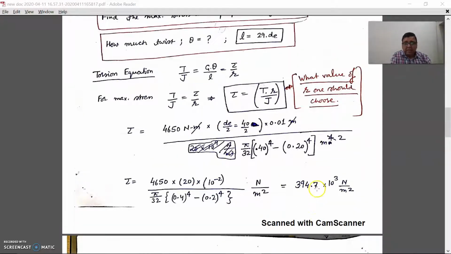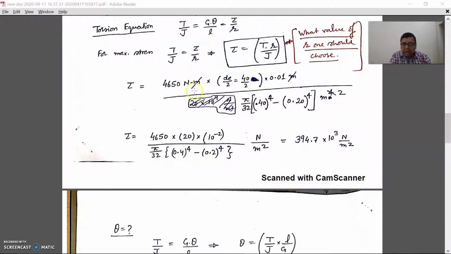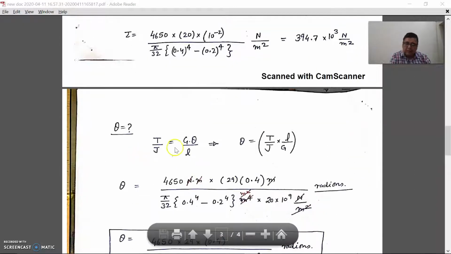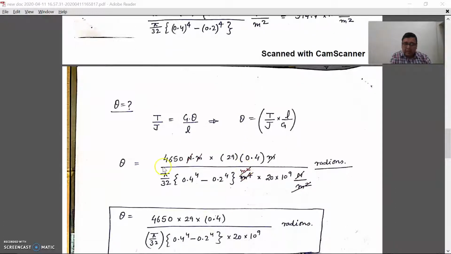Okay. For the second part, how much is the twist? So then what we'll do is we'll compare T by J is equal to G into theta by L, and if we do so, we already know T, we already know J, G is already given, theta you have to find out, L is already 29 into D. So by doing that exercise in this way, we can get the value of theta, and theta will be in terms of radians, right?